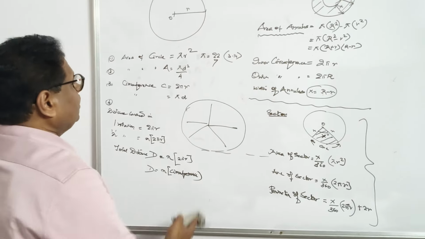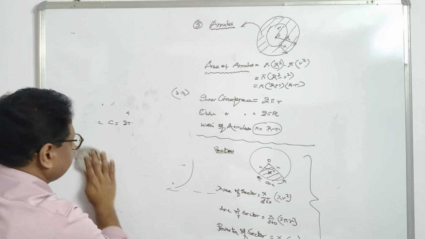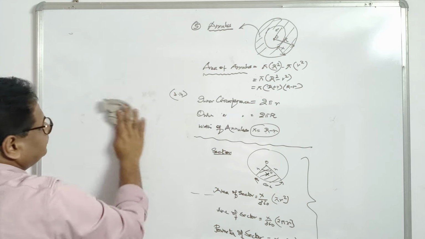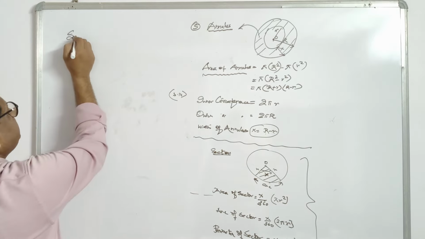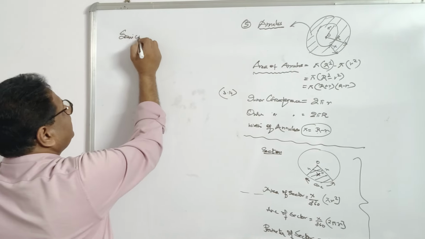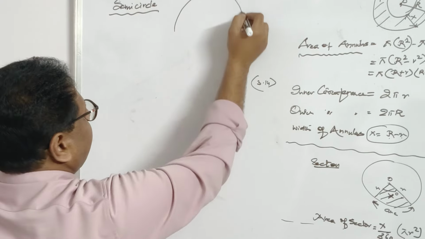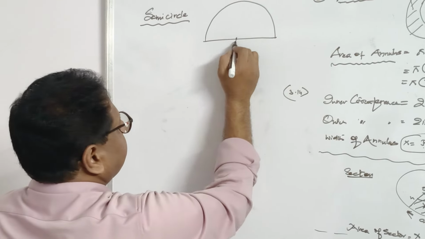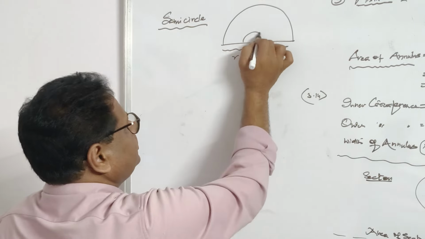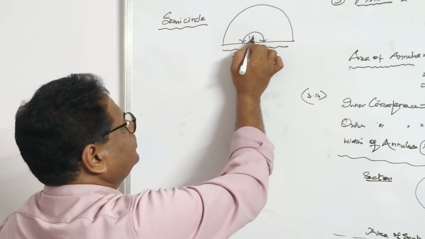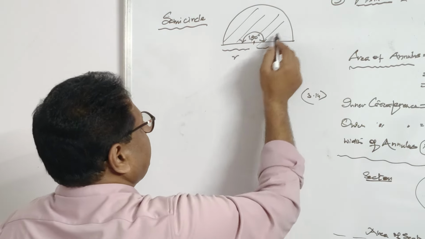Now let's come to semicircle. A semicircle is also a sector in which the angle between the two radii, that means this and this, is 180 degree. So this is the area what you have to calculate now.